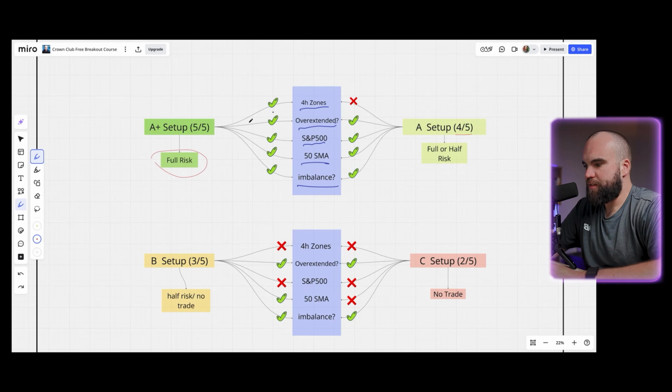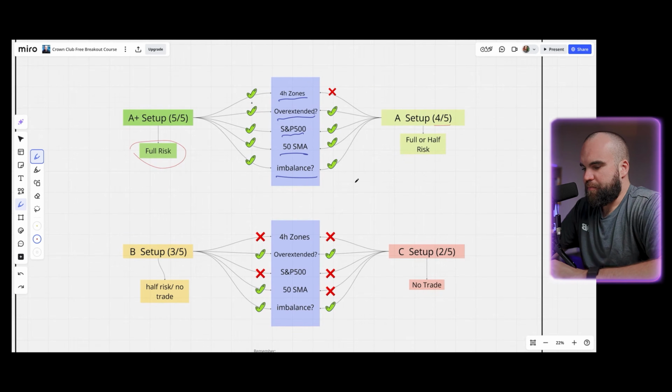Well, it's simple, like I just explained before. An A+ is 5 out of 5, an A is 4 out of 5, a B is 3 out of 5, and a C is 2 out of 5 or less. So you can take a screenshot of this if you like, but basically this is how you can grade your setups.